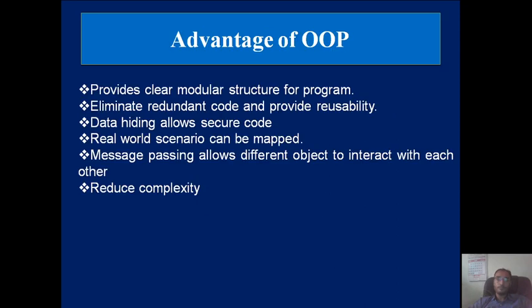Now, if we look at the advantages of an object-oriented programming language, we can identify that it provides a clear modular structure for programming. Instead of writing complex small functions, or providing smaller modules for simplicity, here it provides a clear modular structure in which each module does its own individual task.